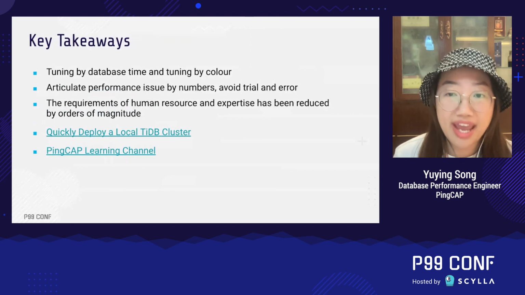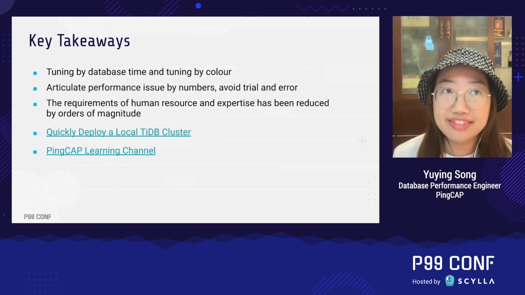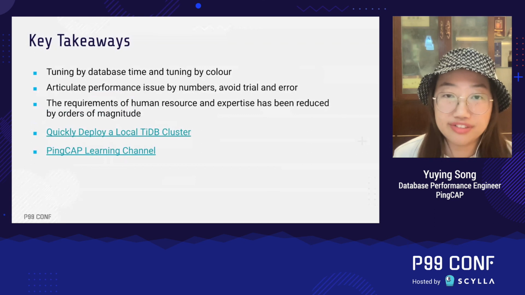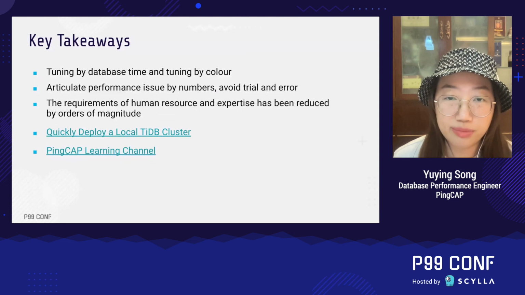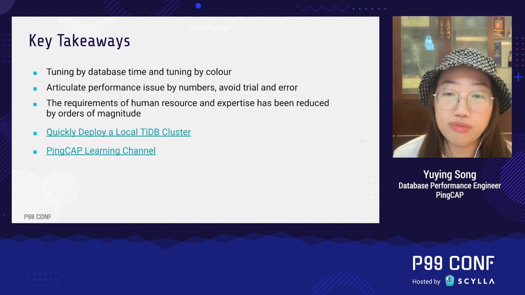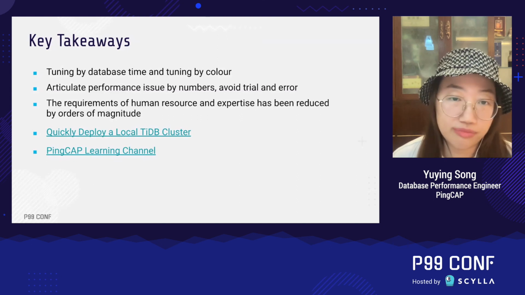Because we don't have to dig into the metrics of each component and learn all the metrics of those dashboards, we only use one Grafana dashboard, the performance overview, as the entry for performance tuning. So the requirements of human resources and expertise have been reduced by orders of magnitude.